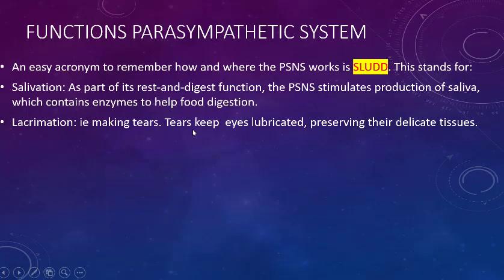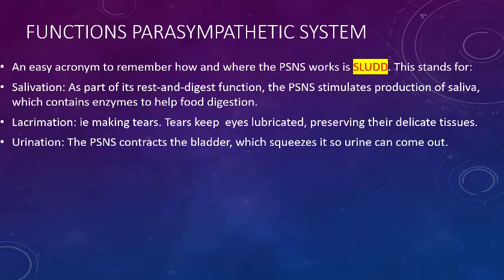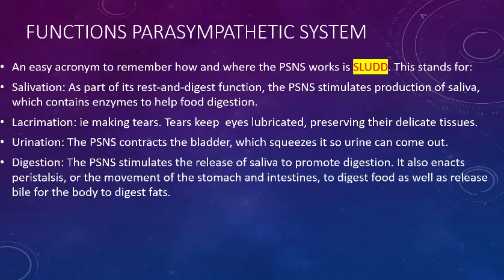Tears keep the eye lubricated and prevent its delicate tissue from damage. And urination, the parasympathetic nervous system contracts the bladder, which squeezes it so urine can come out. And digestion, the D is for digestion. The parasympathetic nervous system stimulates the release of saliva to promote digestion.